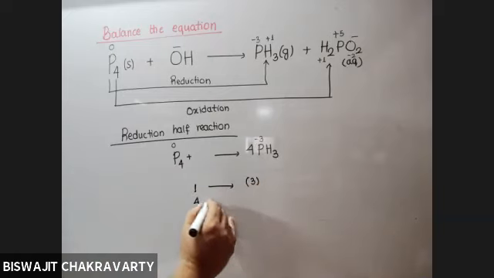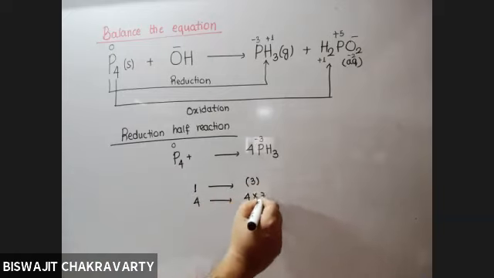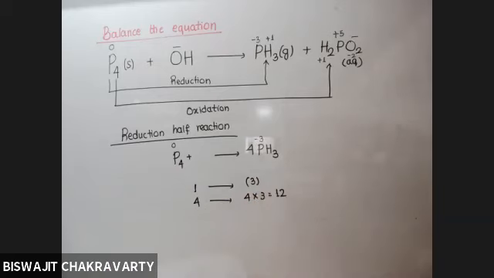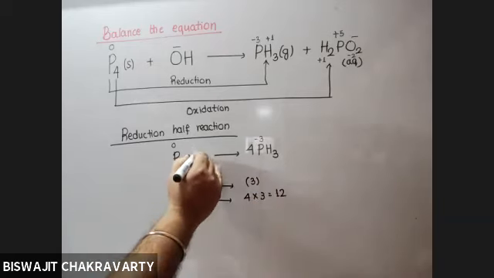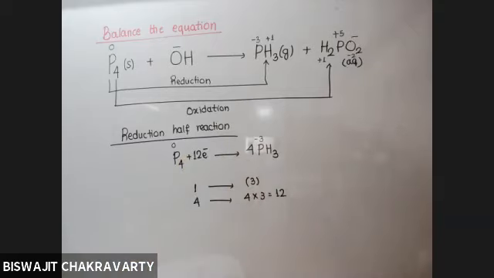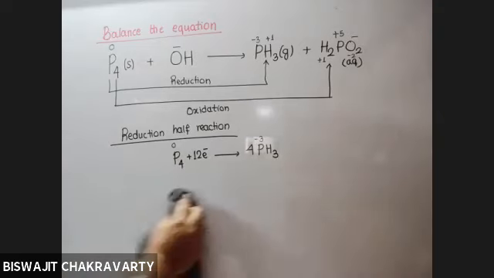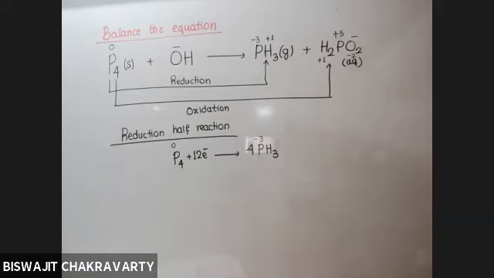For 4 phosphorus, will it not be 4 into 3, 12? Clear? Is it understood, everyone? Oxidation half reaction.